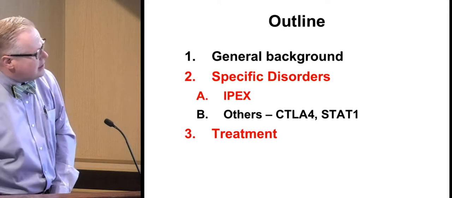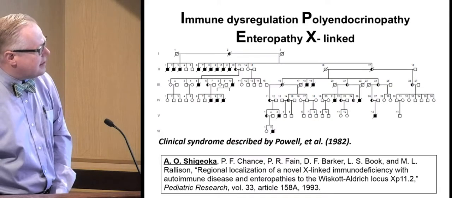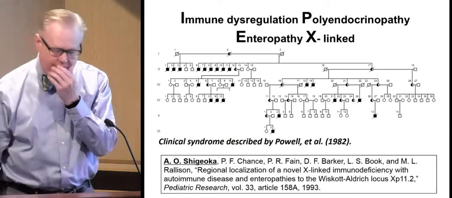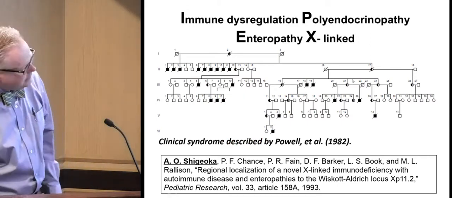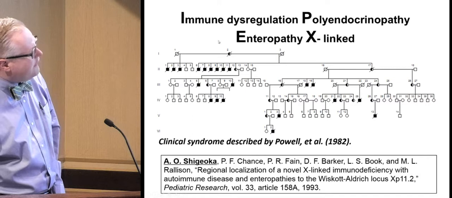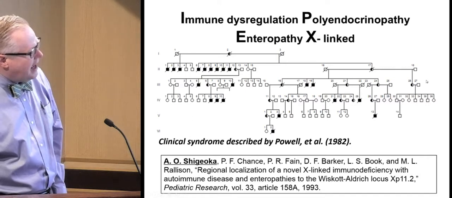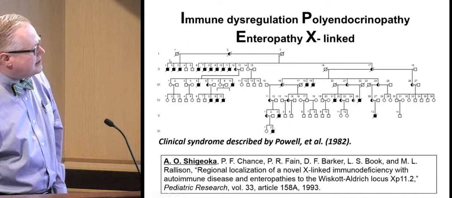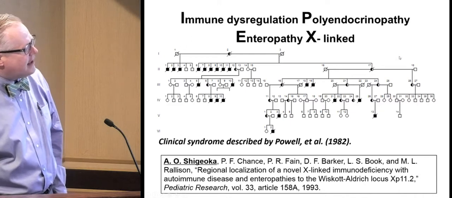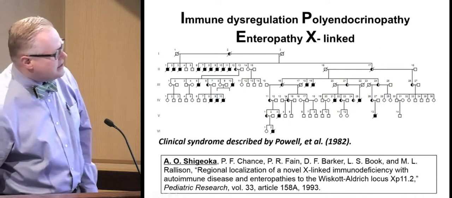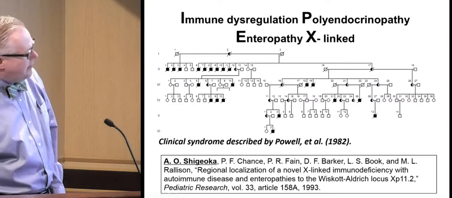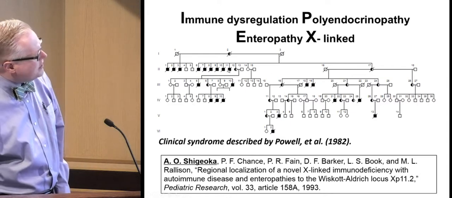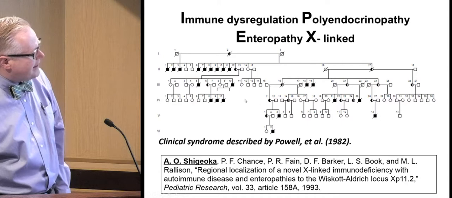All right, so let's talk about some specific disorders and some lessons that we learned. This is sort of back to what John was saying. This is that family that he mentioned that Anne had meticulously collected samples on, and there's also a second family that she had samples on. This is a very large family, and as you'll note, it's really the boys that are affected here.